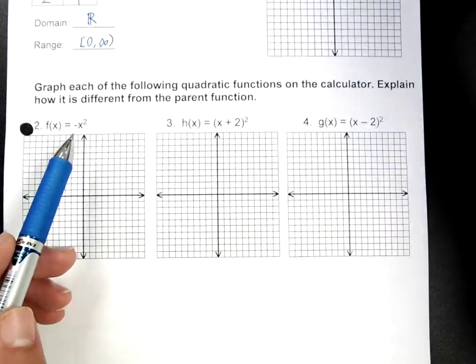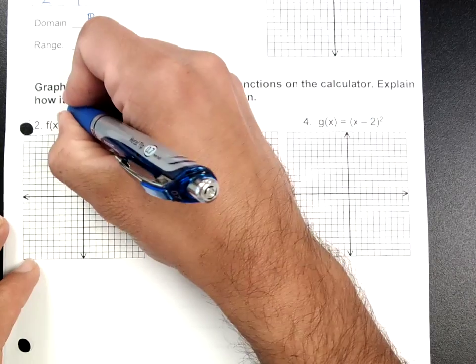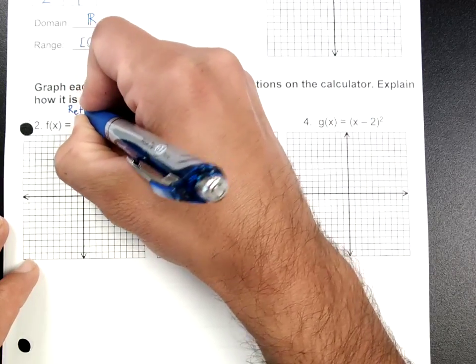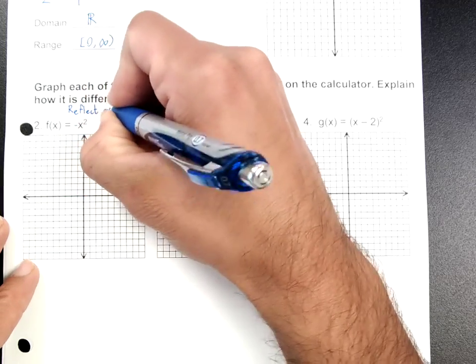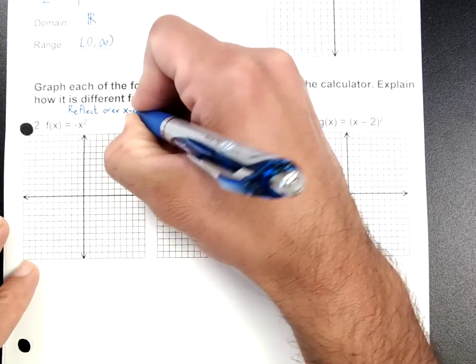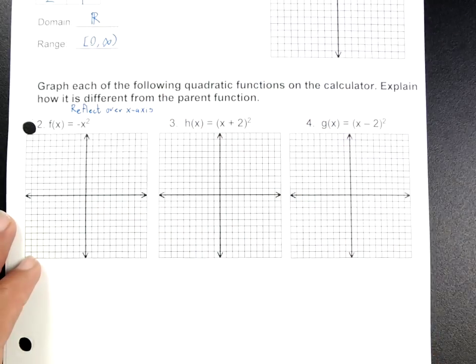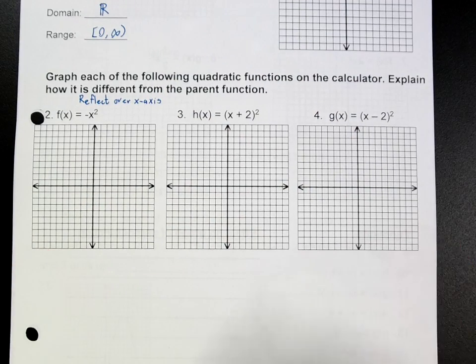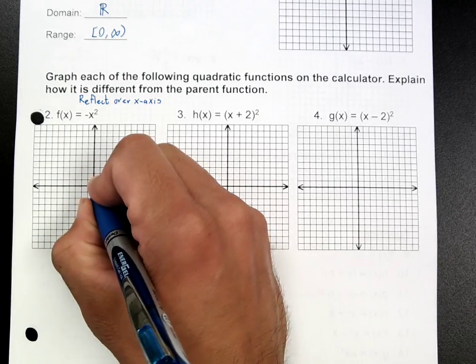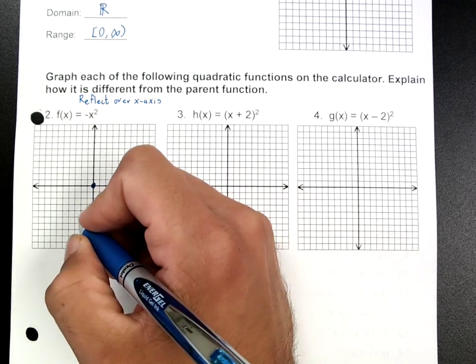All right, so we're going to start graphing that. What happened here is that it reflected over the x-axis, and I'm going to start graphing them now just so you can get in the practice of it. If they're reflected over the x-axis, we're going to start off at the same exact point that we started in the other one.